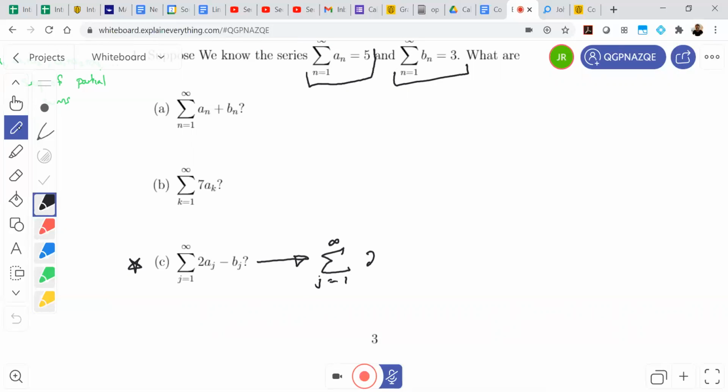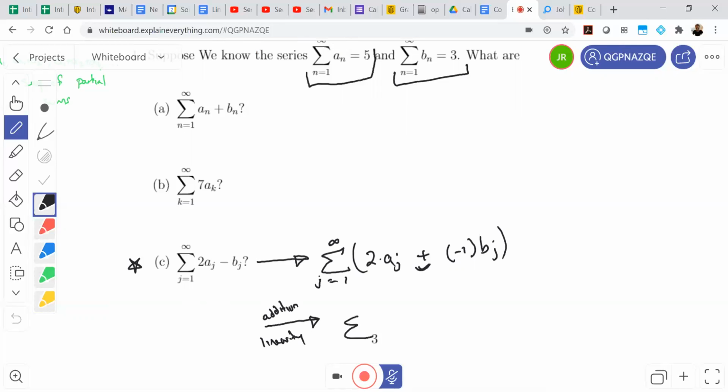I'm going to write this as 2 times A sub j plus -1 times B sub j. And then by linearity across addition, I can split this up into 2 series, one on the left-hand side of the addition and one on the right-hand side.